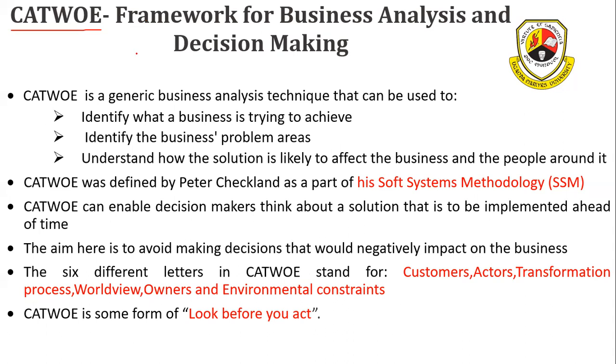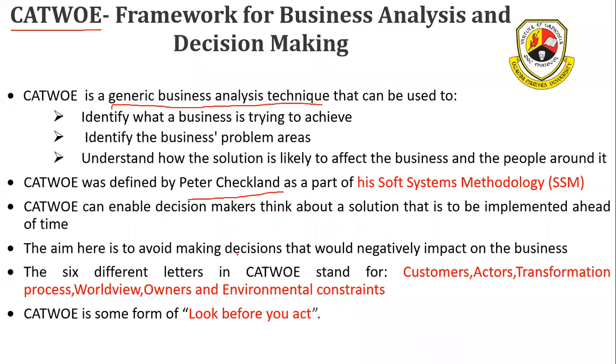So essentially, CATWO is a generic business analytic tool. It was developed by Peter Checkland, and it helps decision makers think about a solution that they wish to implement, to see what needs to be handled.